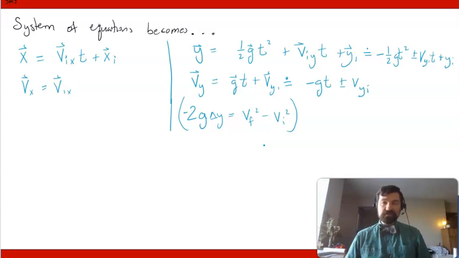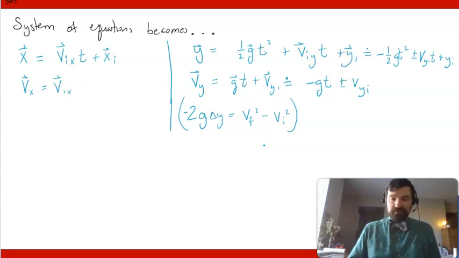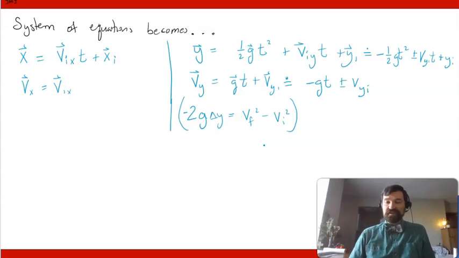But you could also have something like such and such is projected off of a ledge and lands at such and such angle and lands this many seconds later. Figure out how high the ledge is and how far away the object lands. That's a valid problem, and you wouldn't necessarily approach it the same way.